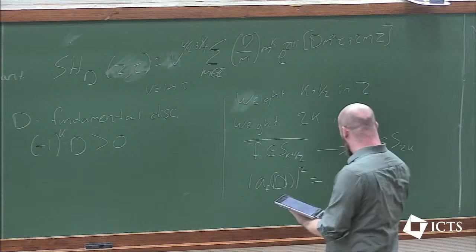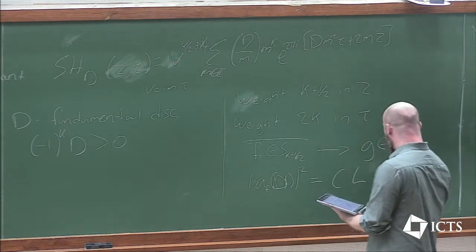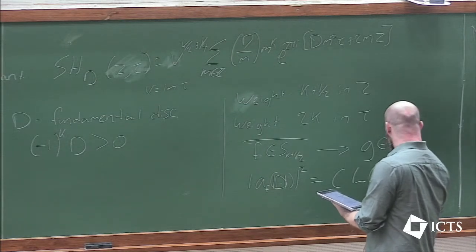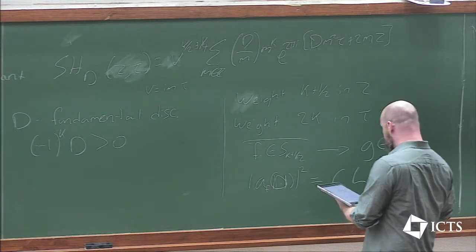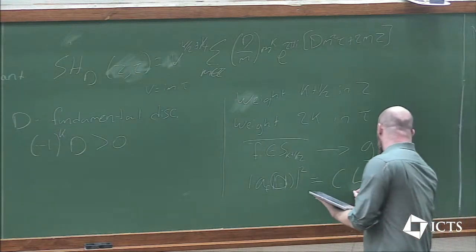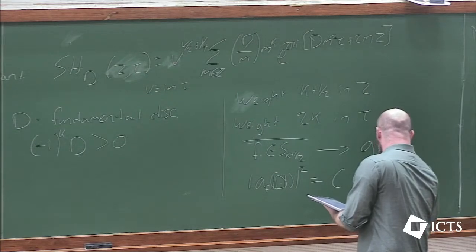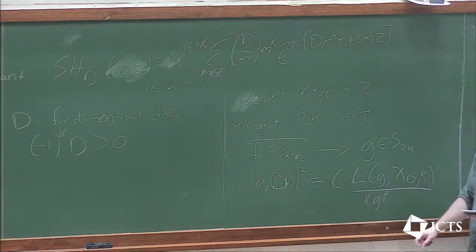This is going to equal some explicit constant times the L value of G twisted by chi_D at k, divided by the Petersson norm of G with itself.